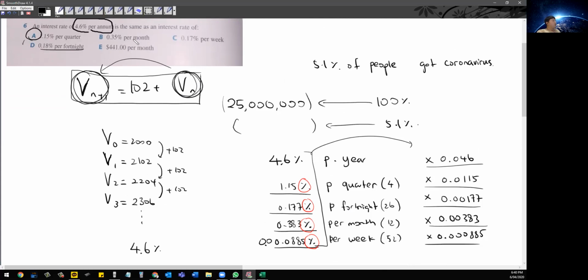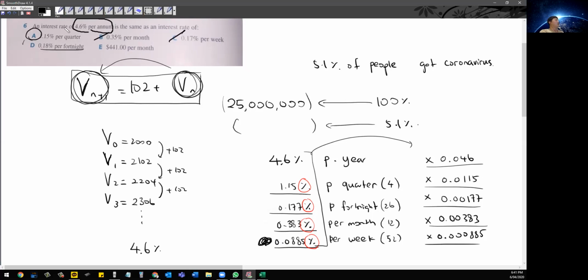And per month is 0.383, right? So that's not 0.35, so that's wrong. Per week, it's 0.0885, so that's wrong.